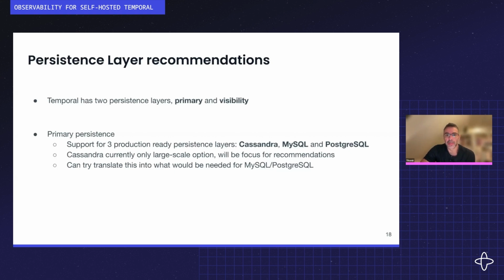Cassandra currently, I believe, is still the large-scale option, and this is the one in the slides that we're going to focus on for recommendations. I am personally not an expert in databases myself, but I believe you can translate this with your teams to some sort of equivalent sizing and recommendations for the particular persistence layer that you're going to use on your cluster.